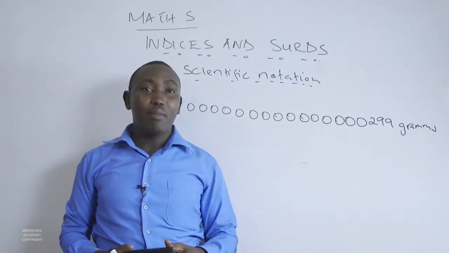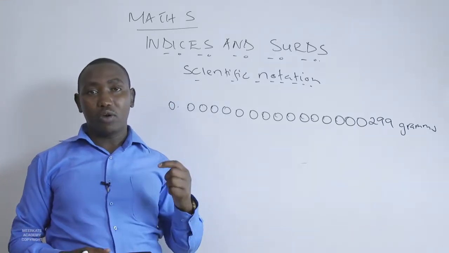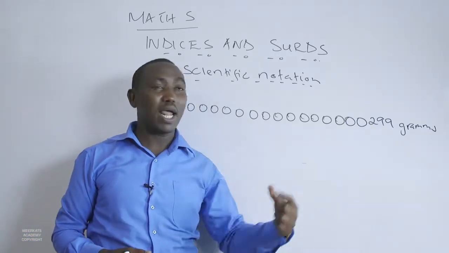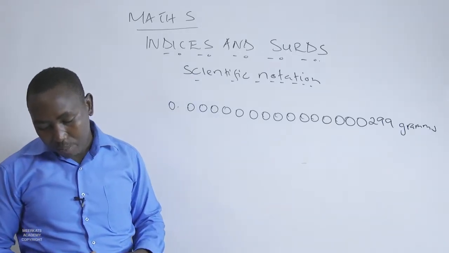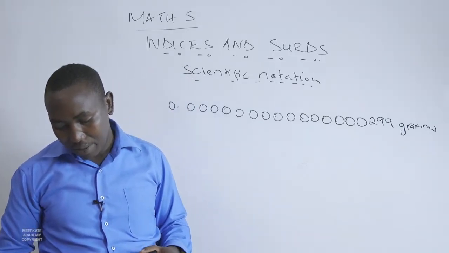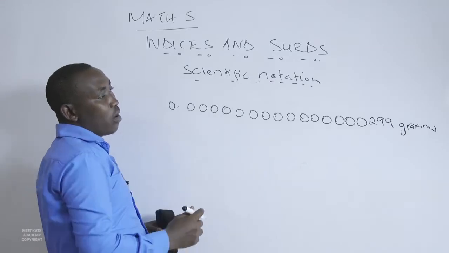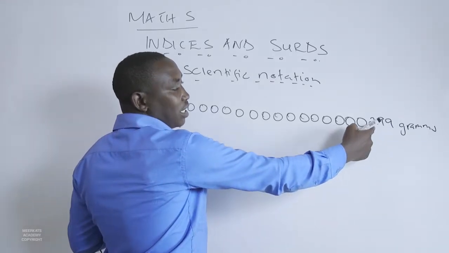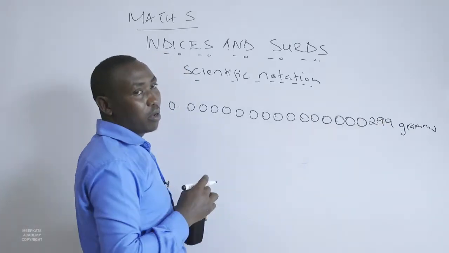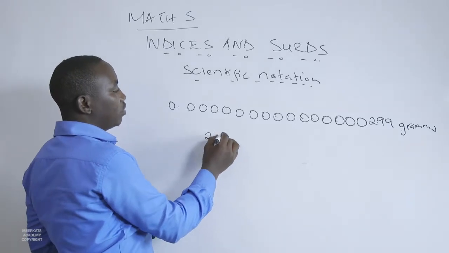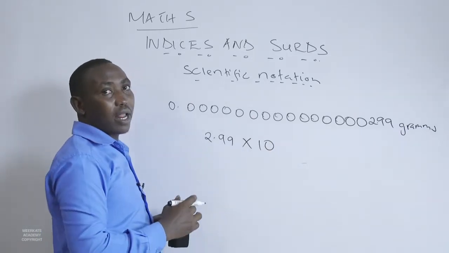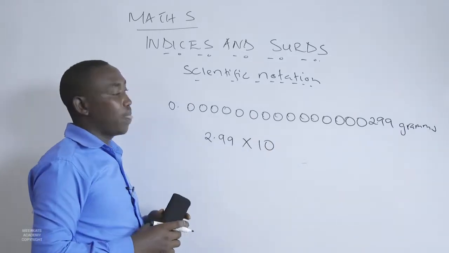Writing this particular number involves using the powers of 10. So we rewrite this 0 point, all those zeros, 299 grams, using a positive or negative power of base 10. So in this particular case, we can count where the first number begins, so that we bring our new decimal there for the number to be 2.99. Then we multiply by 10 raised to a certain power.